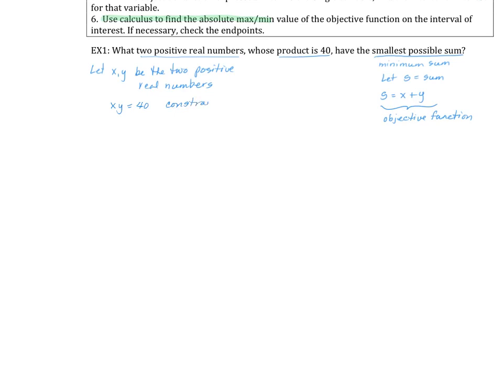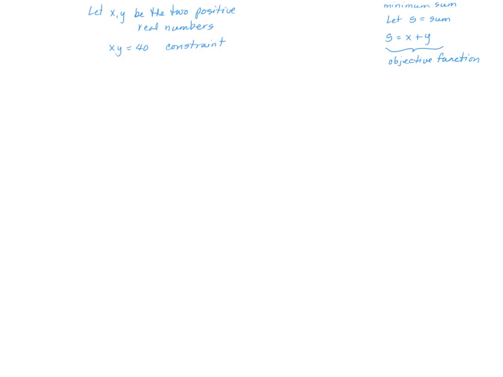That's what I'm going to use to write my objective function in terms of one variable. It doesn't matter which one I choose to substitute. I'll just go ahead and solve my constraint for x to write x is equal to 40 over y. My sum equation is now S equal to 40 over y plus y.